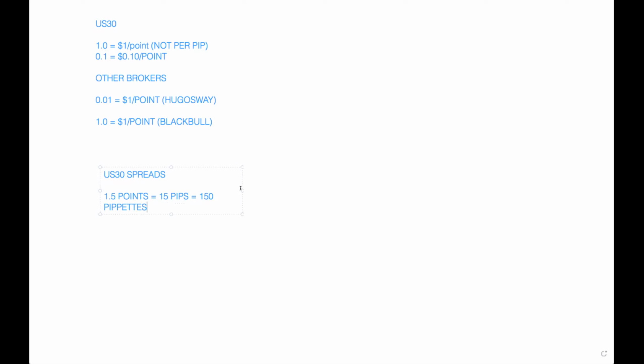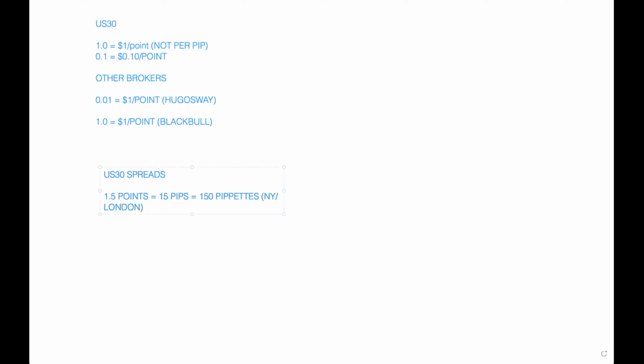Sometimes though, my spread is not always that low. This is my most ideal spread, but throughout the day when different markets are open, so for example, my 1.5 point spread is when New York and London are open. That's when I get my best spread.